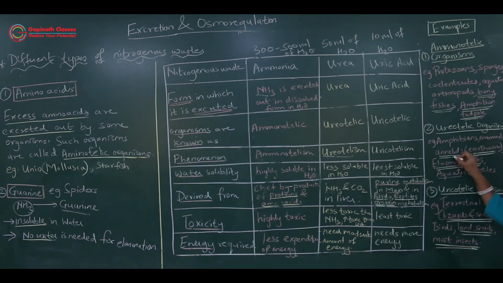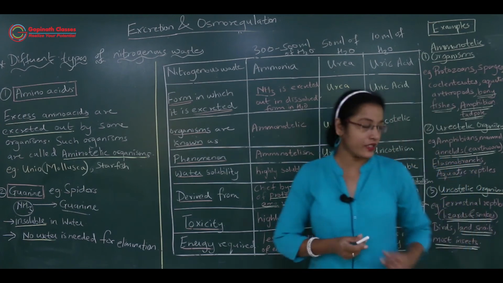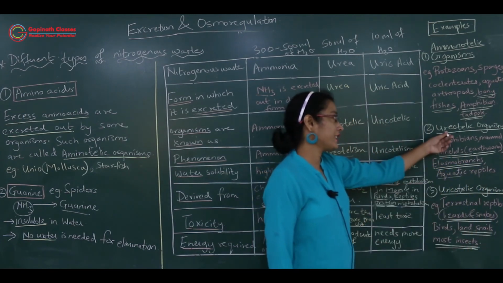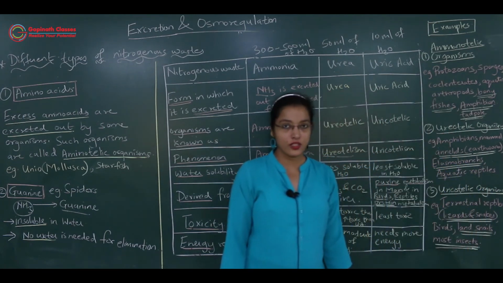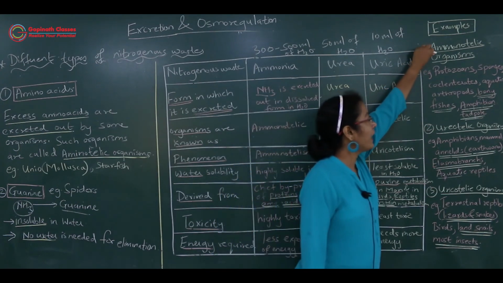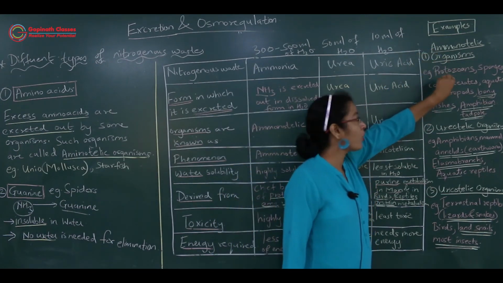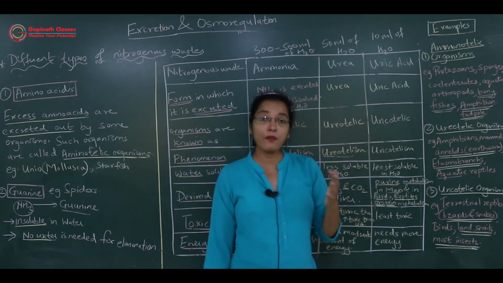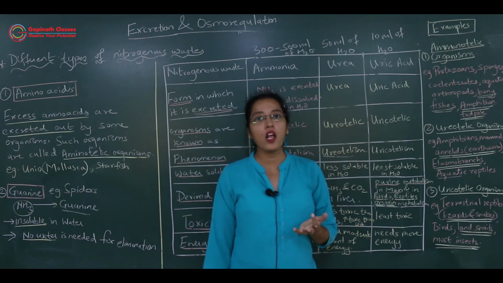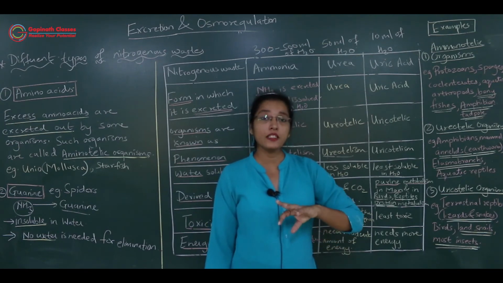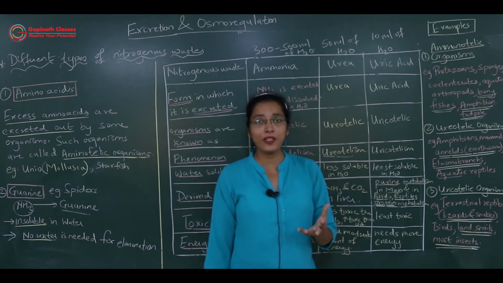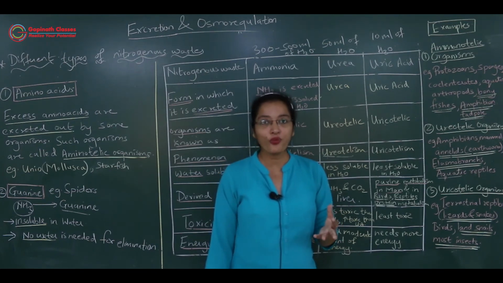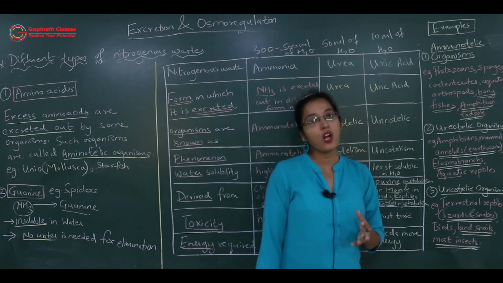Amphibians, mammals, annelids, elasmobranchs and aquatic reptiles. So all these will excrete urea as nitrogenous waste, wherein अमोनोटेलिक ऑर्गेनिजम्स कौन कौन से हैं? प्रोटोजोन्स जो कि पानी में रहते हैं, अमीबा, पैरामीशियम, यूग्लिना, these are all aquatic organisms. सो ये पानी में रहते हैं, तो the easiest way for elimination is elimination of the nitrogenous waste in the form of ammonia.